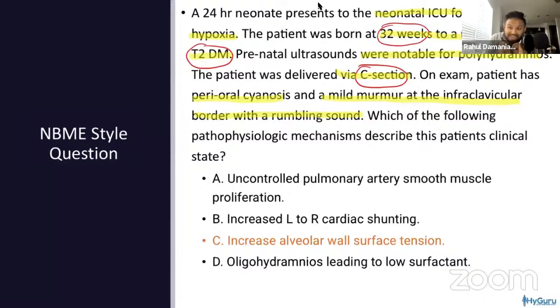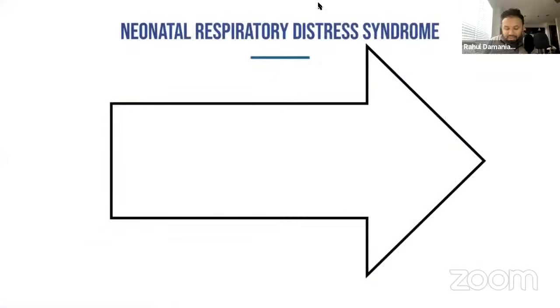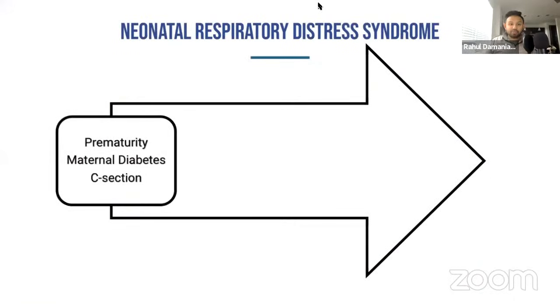Remember, glucocorticoids actually stimulate surfactant synthesis. And so all of these are going to cause hypoxemia because the alveoli are starting to collapse because there's no surfactant. So neonatal respiratory distress syndrome, think about these risk factors in your test questions.